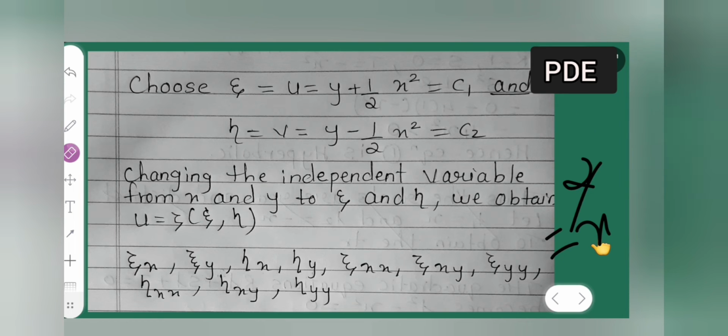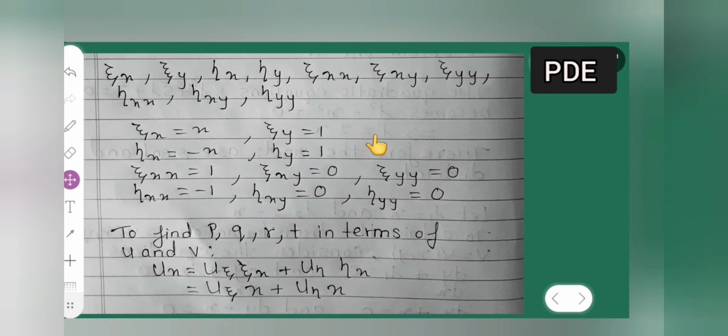Next, same way you will have to find eta x, with respect to x. If you differentiate, you will get minus x. Differentiate it with respect to y, you will get 1.